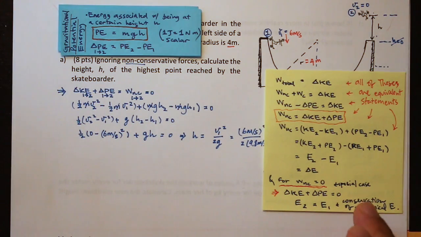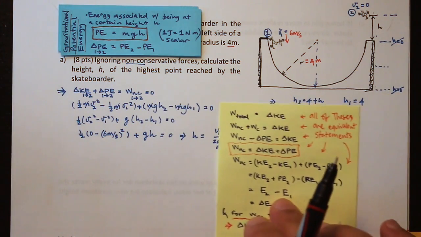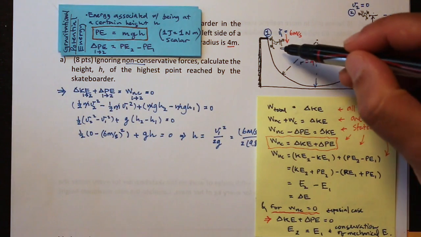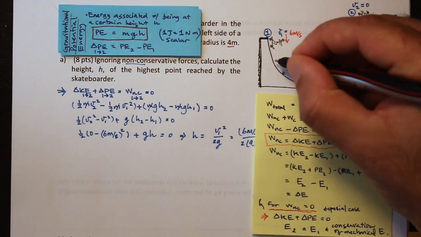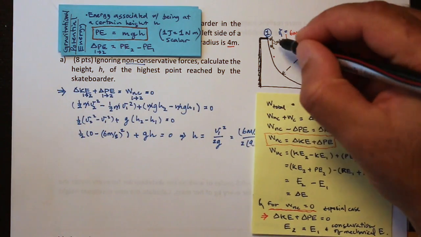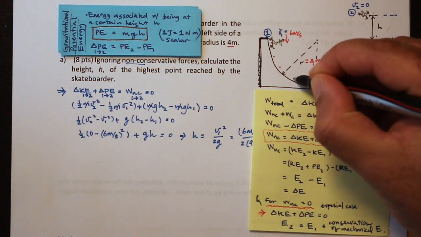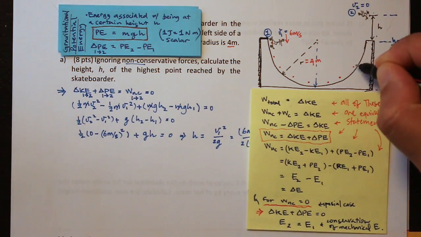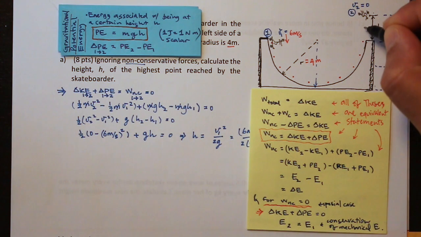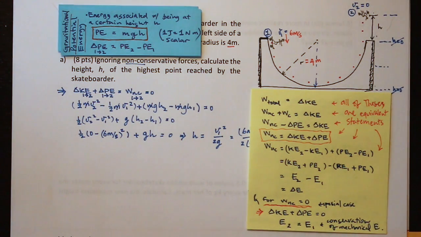And in fact, the mechanical energy is conserved throughout the path of the skateboarder. When she's here, when she's here, when she's here, she has the same total mechanical energy, independent of where she is. How does that work?